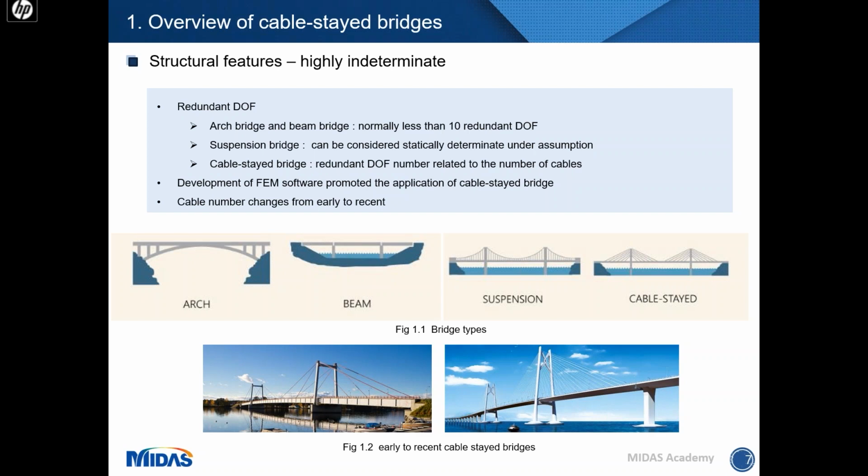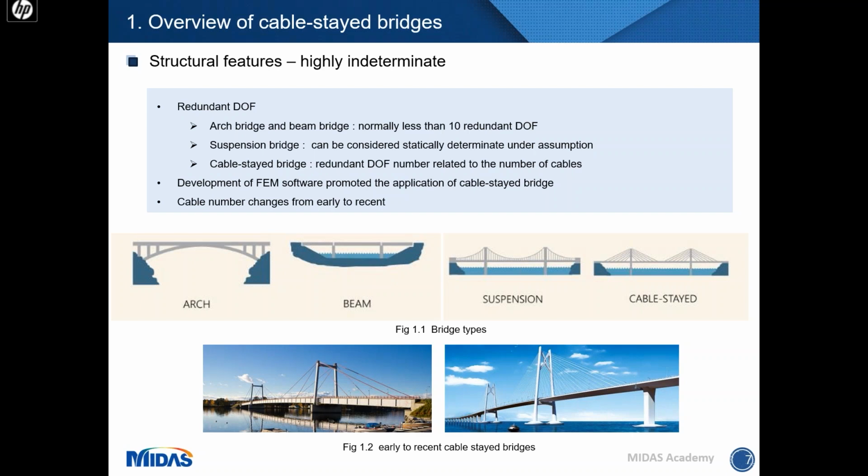For example, we know the Golden Gate Bridge in America. It has a span of 1,280 meters, but it was built 100 years ago. In that year we didn't have any software, any computer, but the people still could build such a big suspension bridge.